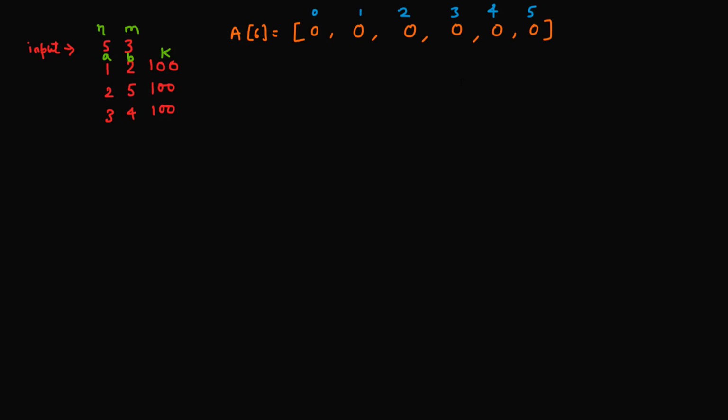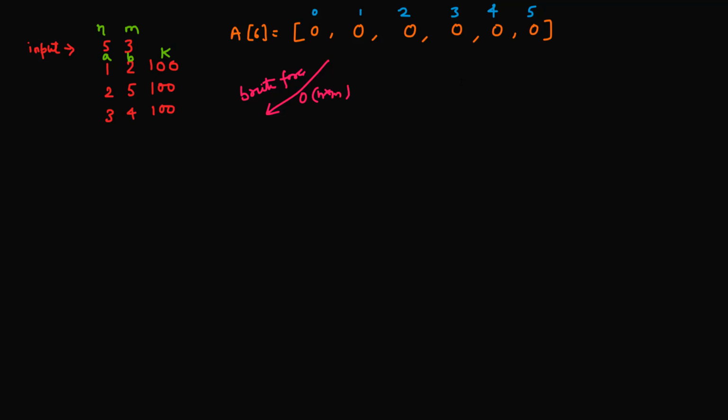I'll do this in front of you parallelly using both the approaches, and you can see there's no effect at all. First, I am going to use the brute force approach. This is the brute force solution, which is O of n into m.